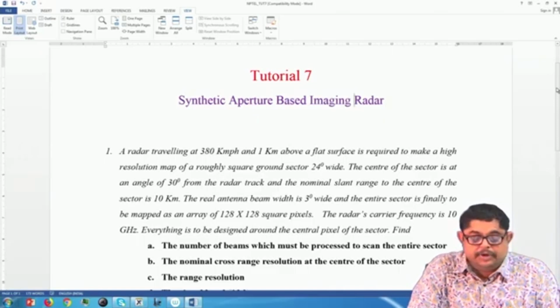The radar's carrier frequency is 10 gigahertz. Everything is to be designed around the central pixel of the sector.